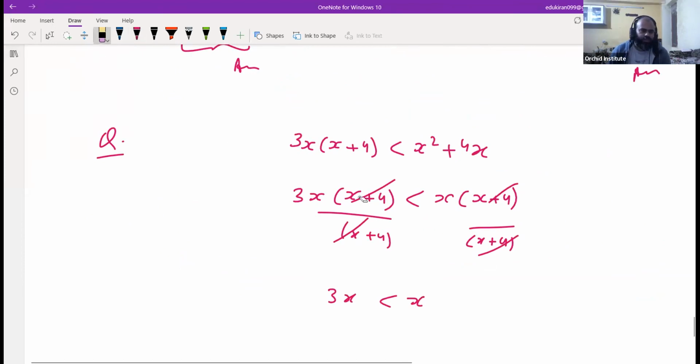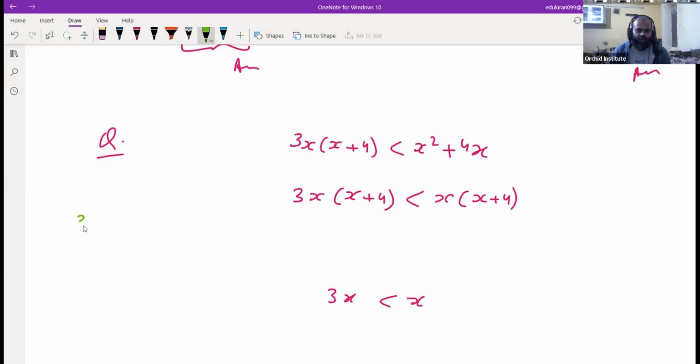Because x + 4, by which we are dividing, could be a positive or negative value, since x is a variable. Suppose 3 is less than 2. If we divide by 5, 3/5 is less than 2/5, fine. But if we divide by minus 5, then 3/(-5) is actually greater than 2/(-5).